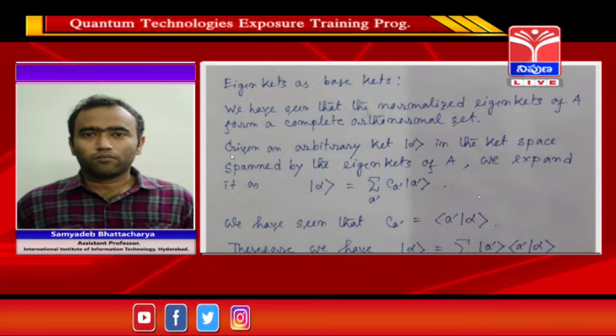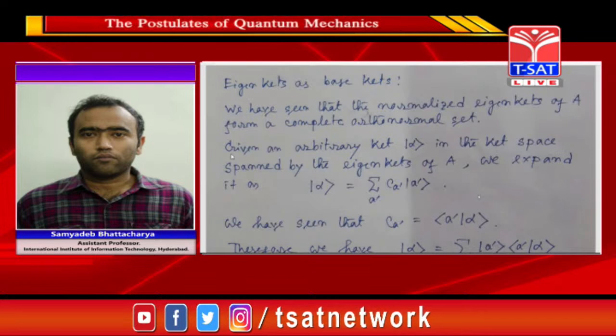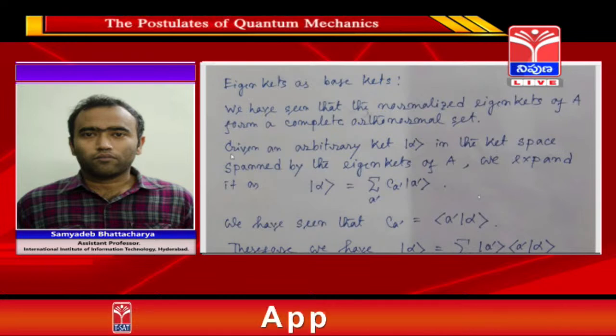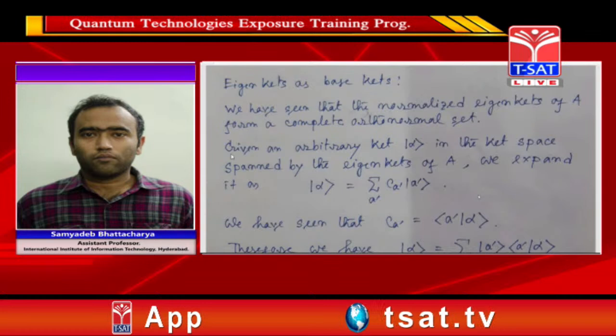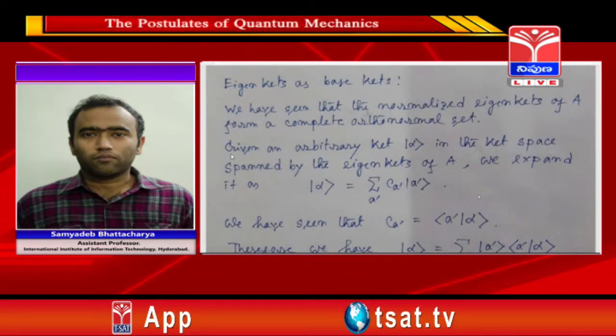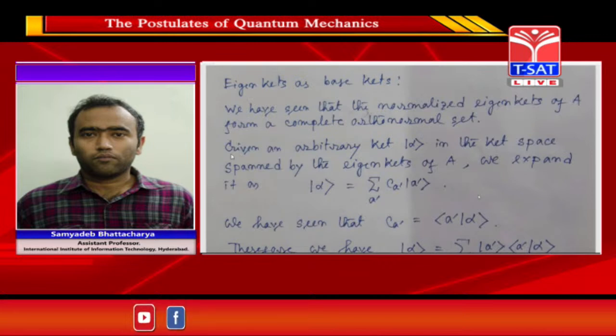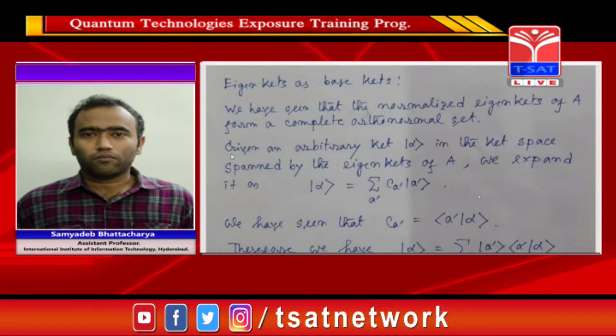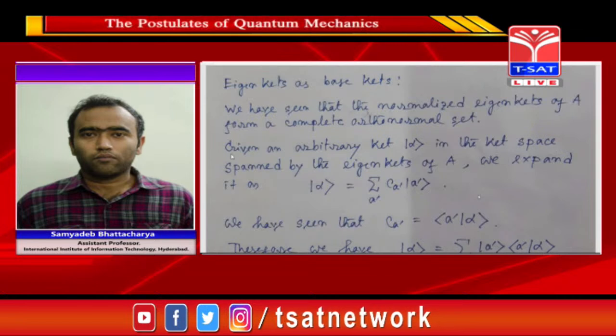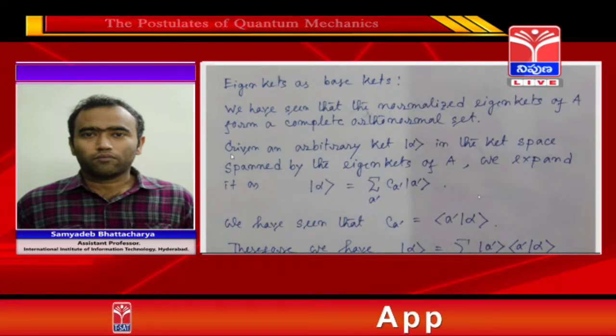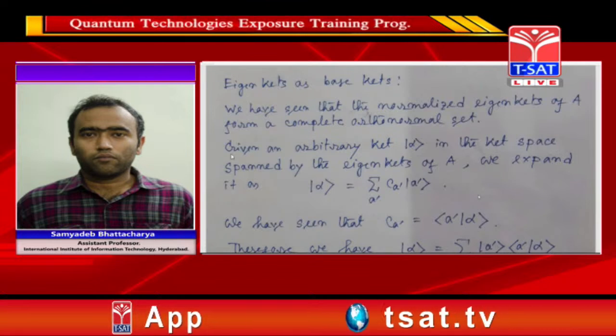If we do the inner product between a prime and a prime only, then it is 1. But if we do the inner product of a prime with some other normalized vector, say a double prime, it is always 0. Those are called orthogonal and normalized.